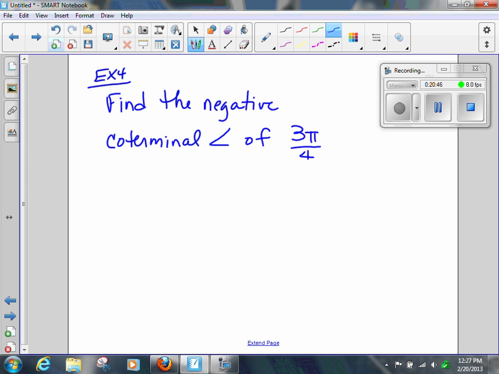Oh. Okay, so now find the negative. Find a negative, not the negative. Find a negative, because there are many. Find a negative coterminal angle of 3 pi over 4. Leave it in terms of radians.